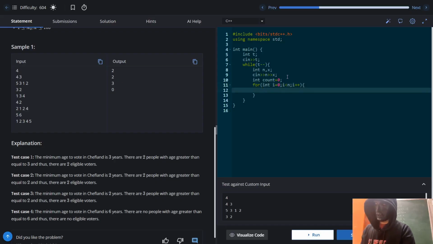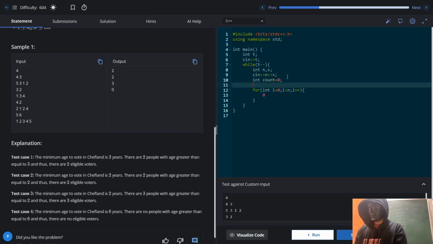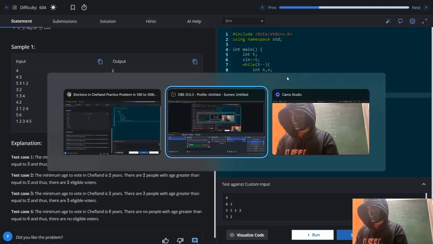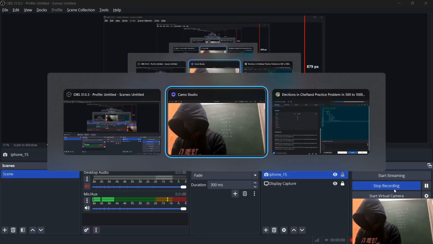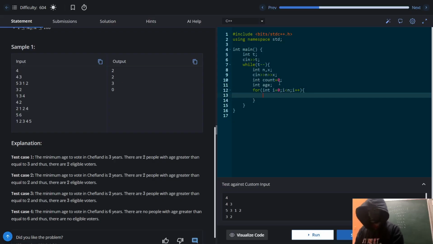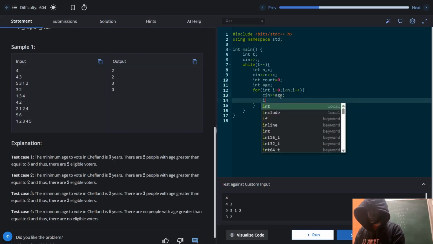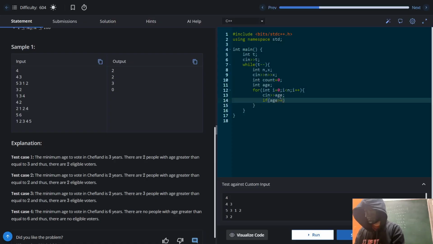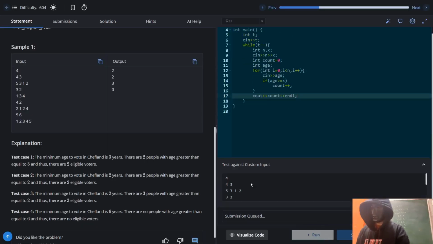We'll take one more variable, temp age, and input the value one by one. In this age variable, we'll check if the age is greater than or equal to x. In that case, the person will be able to vote, so we'll increase count. And at the end, we'll print the count.